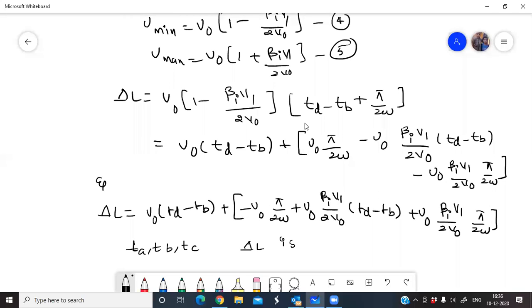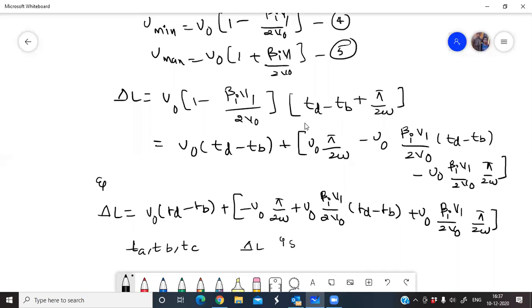Respond please. Already I told the equation: delta L equal to V naught into (TD minus TB), minus V naught into (TD minus TB).